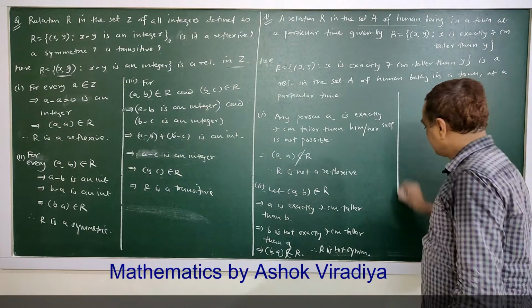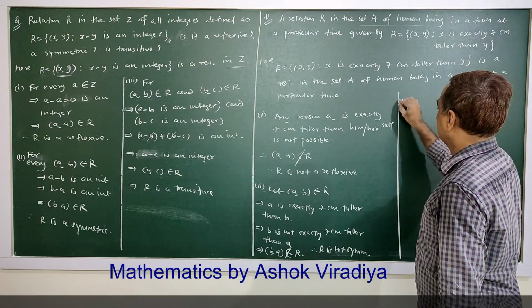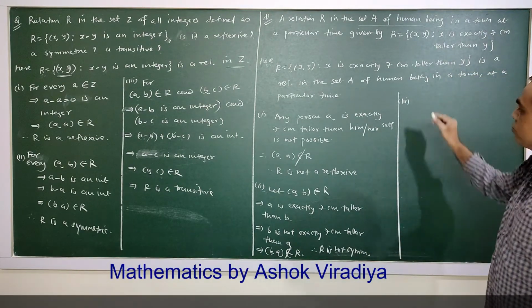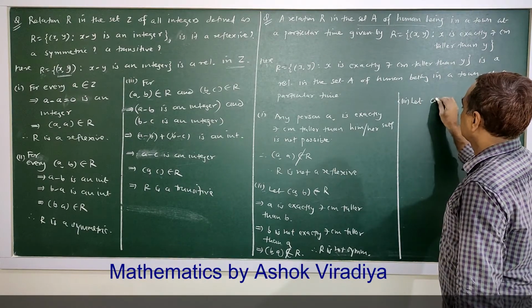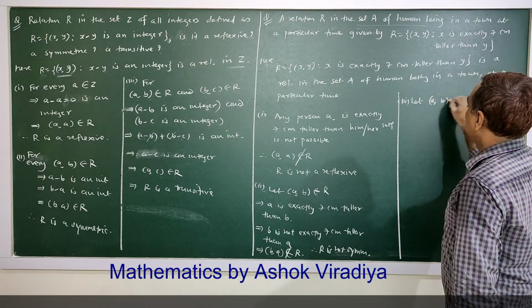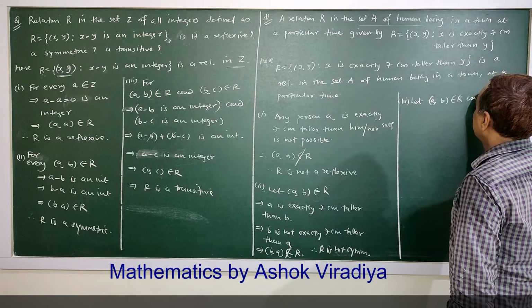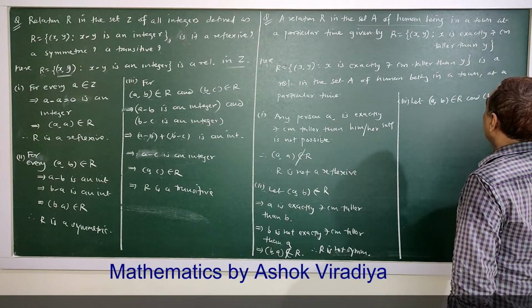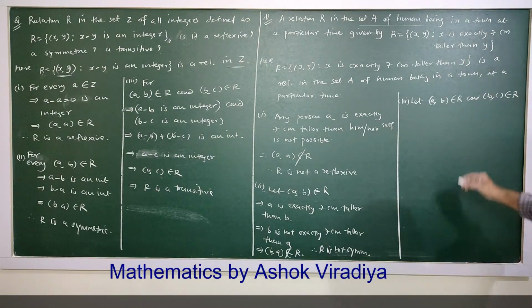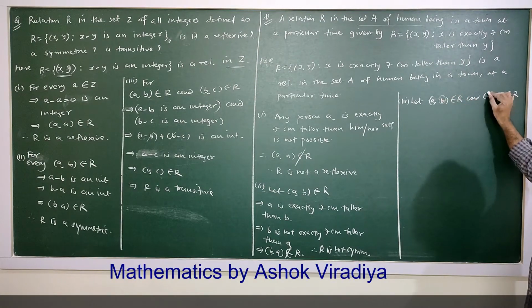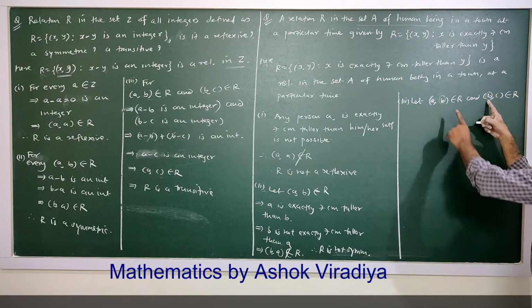Third property. Suppose that AB belongs to R and BC belongs to R. I have taken B common; this is the same person.